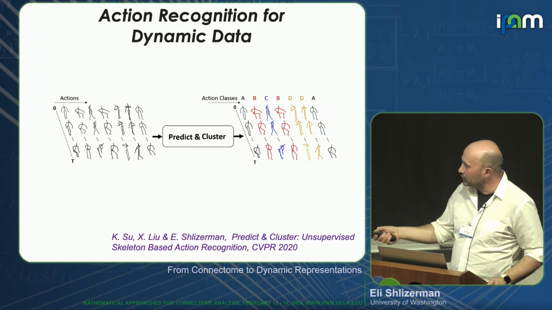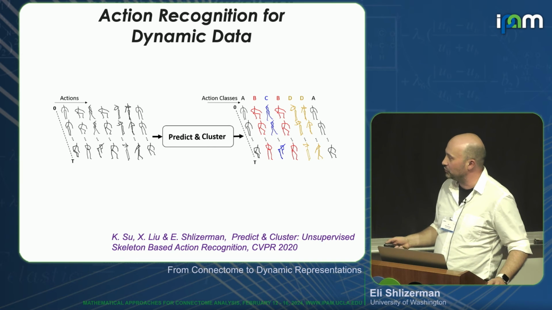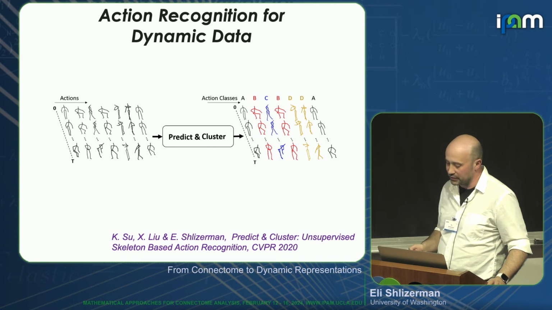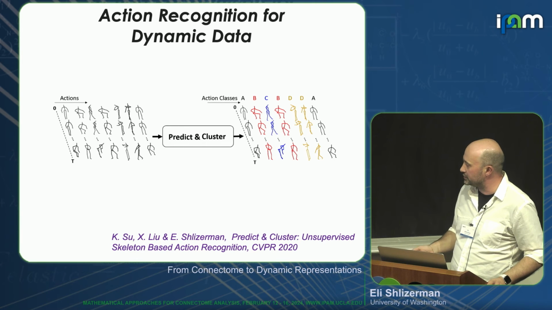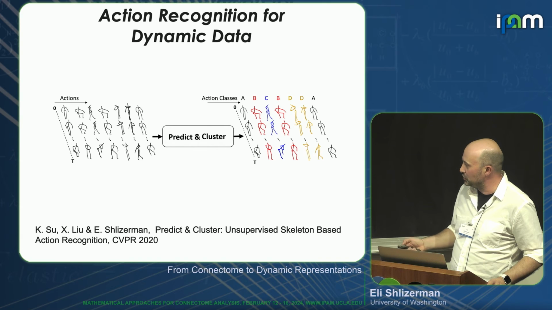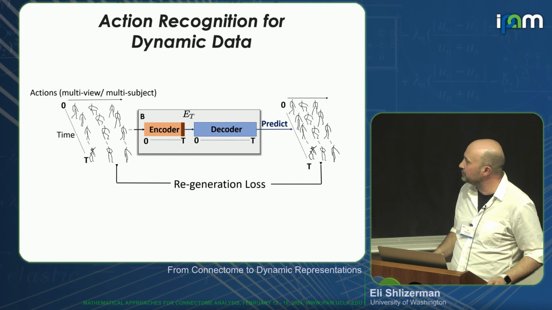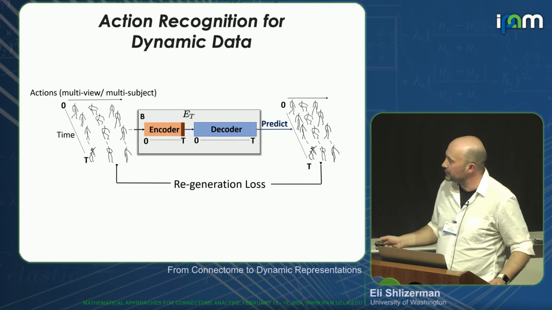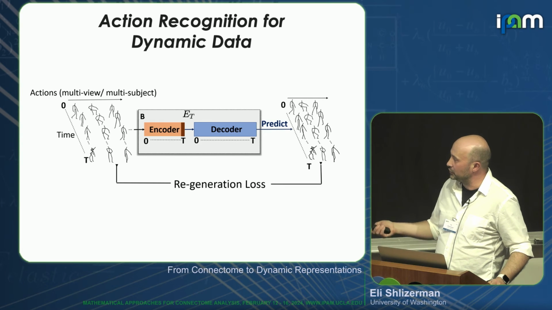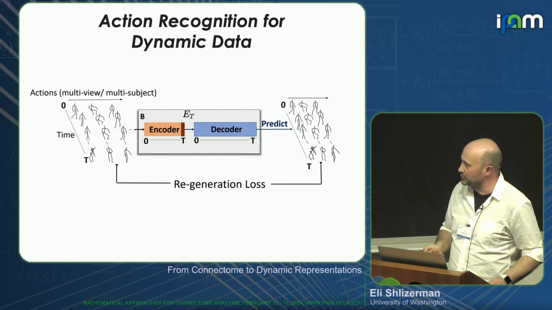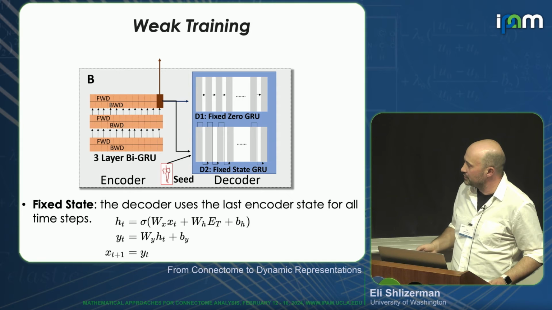We looked at this scenario in terms of joint body movements and classifying them into actions in this work in CVPR. We call this predict and cluster. And the basic idea is to use this encoder-decoder system and then to organize the time series of joints.